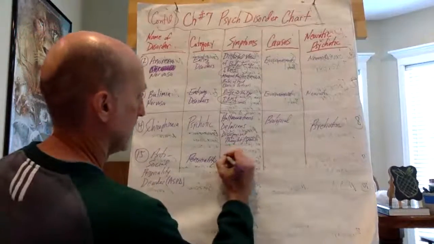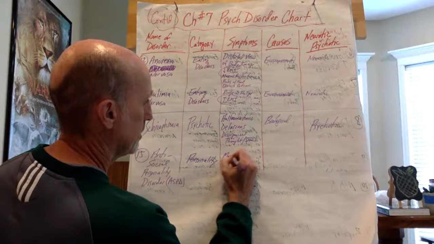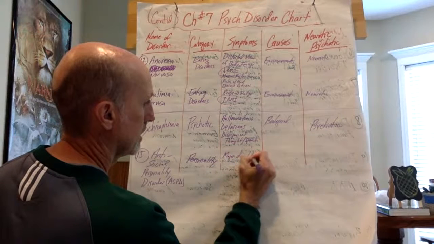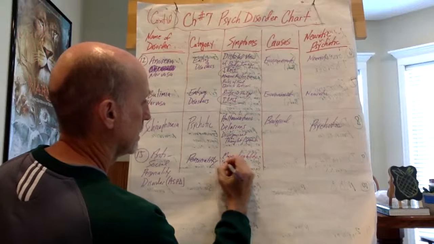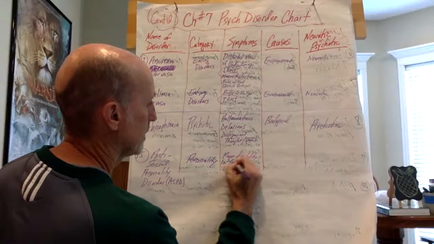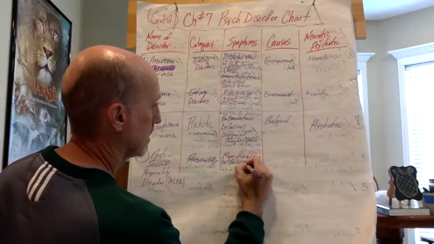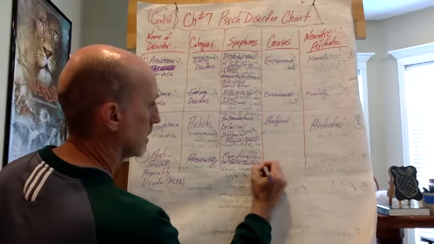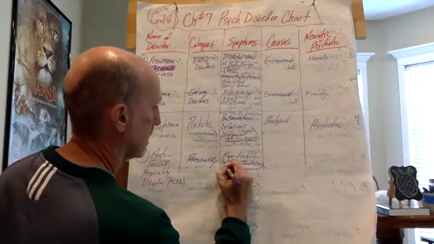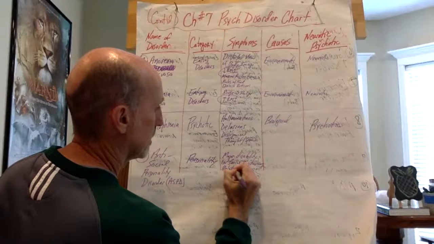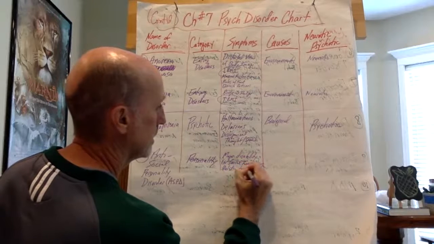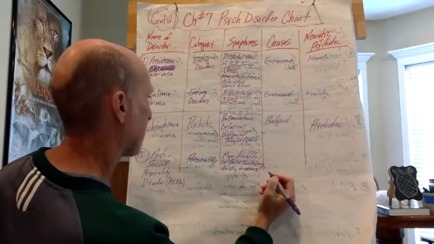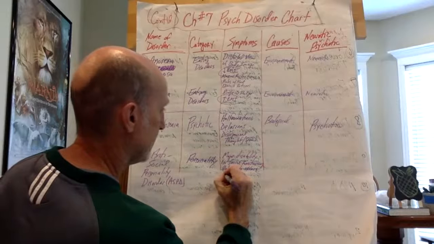So we'll put major disability in social functioning, relating to others.